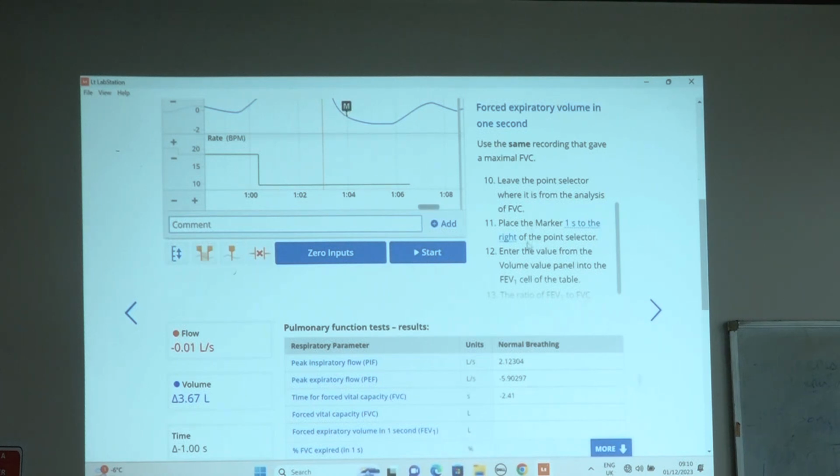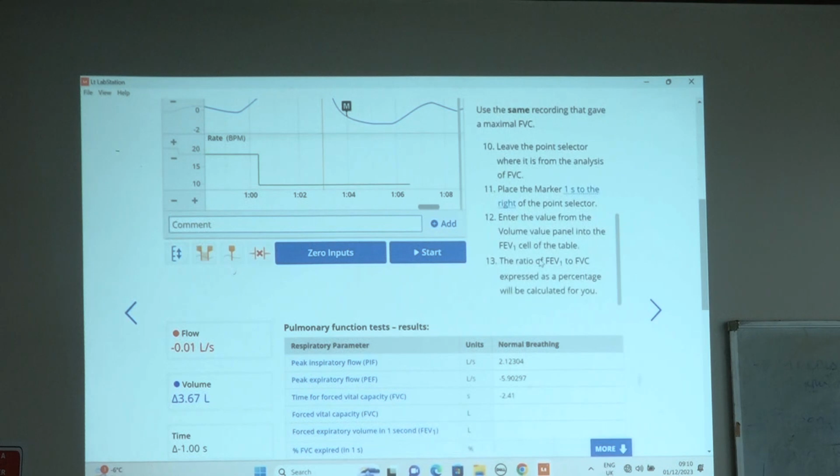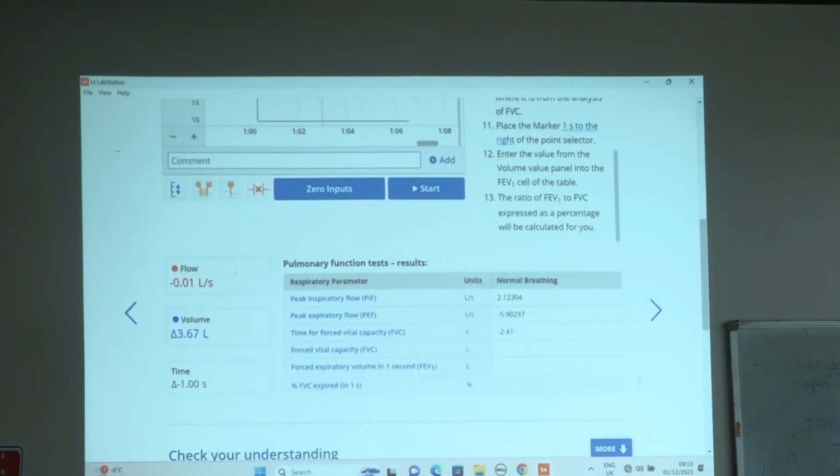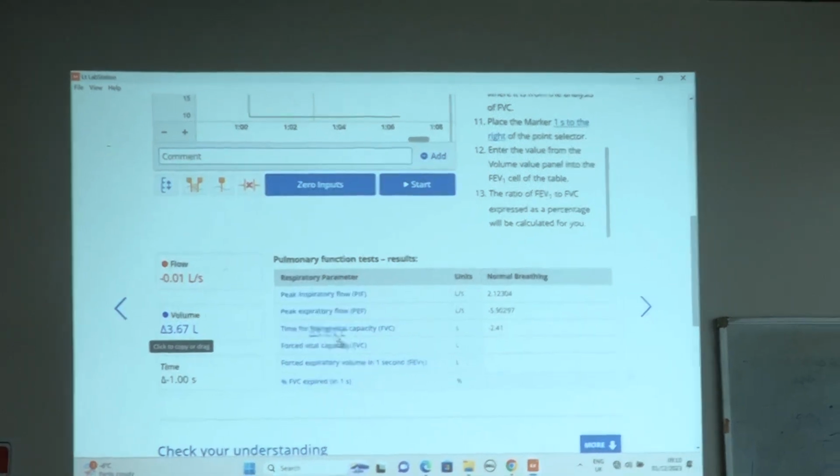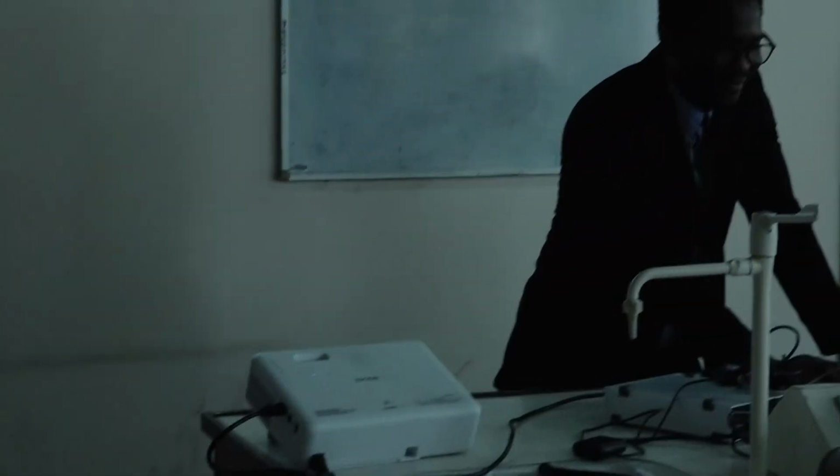Going with the instruction, enter the value from the volume panel into the FEV1. Here, we are looking at the volume of air that is expired in the first 1 second. What is the relevance of this?